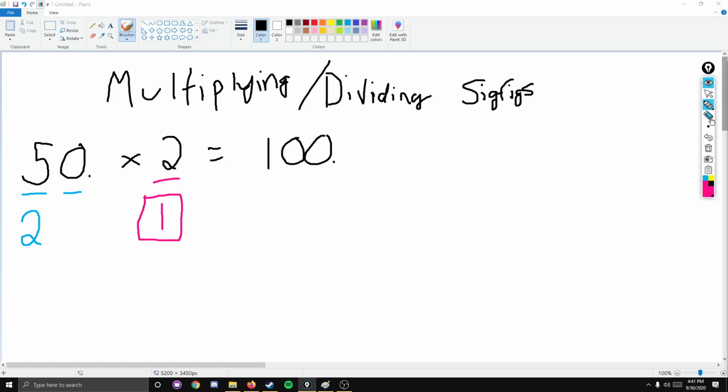And in order to have 100 just be 1 significant digit, all you have to do is get rid of the decimal place. Because these decimal places aren't here, the zeros don't count, and therefore the only significant digit is 1.